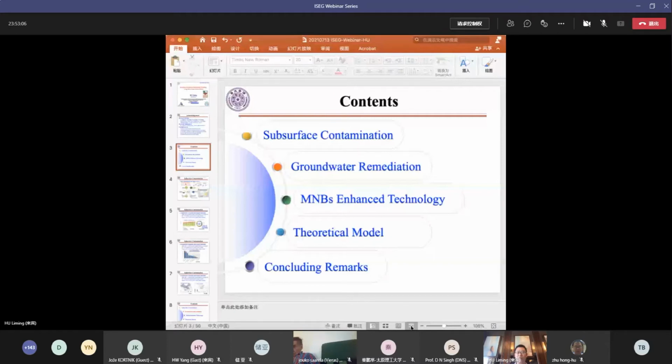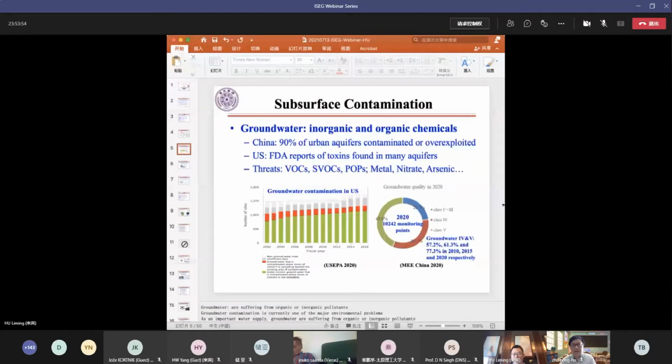Also the groundwater has a lot of contamination. In China, 19% of urban aquifers are contaminated or exploited, according to the U.S. FDA reports. The groundwater contamination in the U.S. I think has become better, but in China we are facing a very severe groundwater contamination problem.